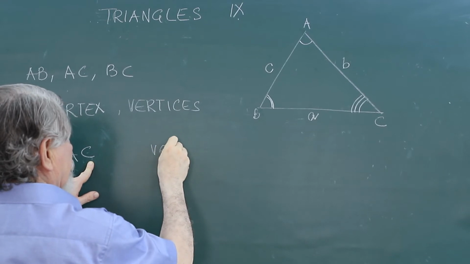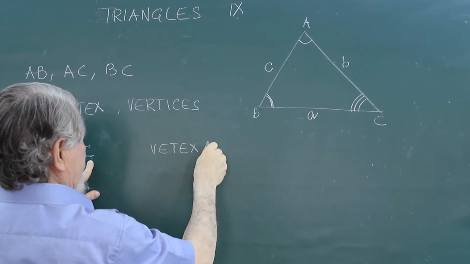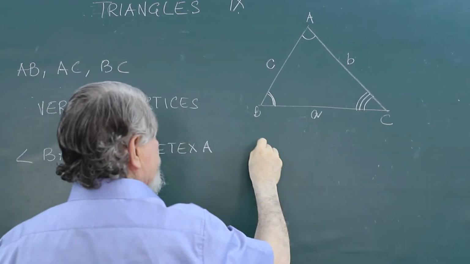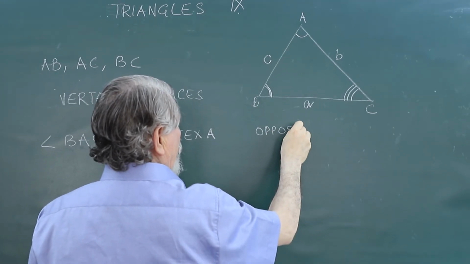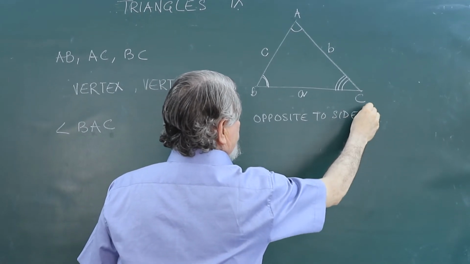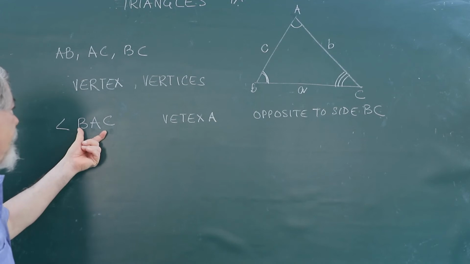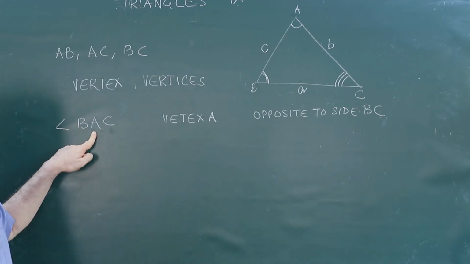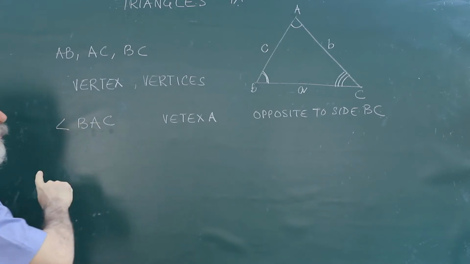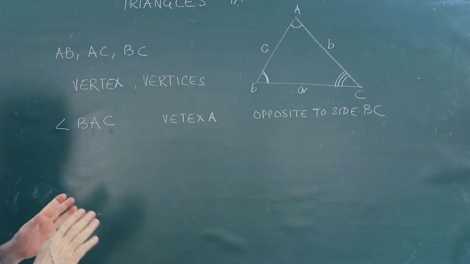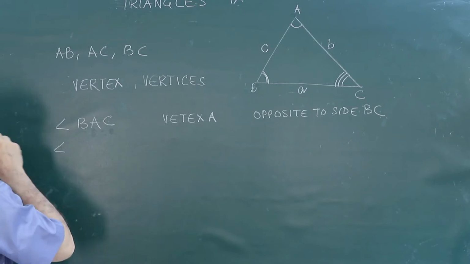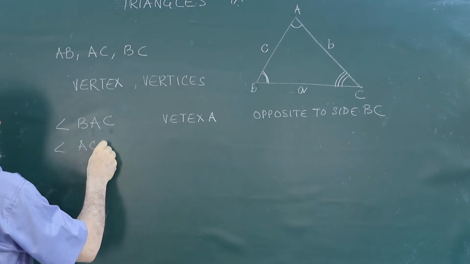Here the vertex is A, and this angle is opposite to side BC. The middle alphabet of the three is the vertex, and the two extreme ones, put together, make the side. BC is the side. Suppose I want to write ACB.